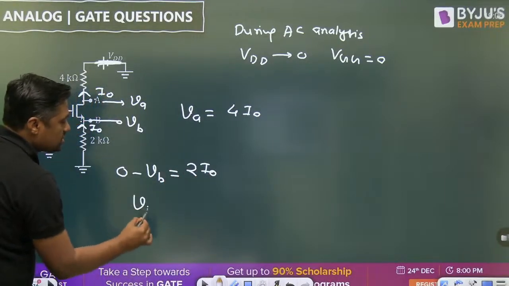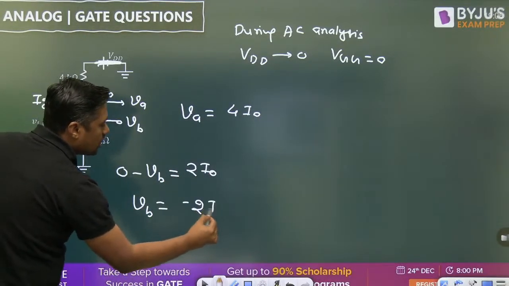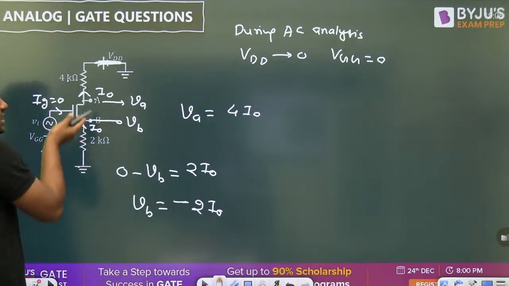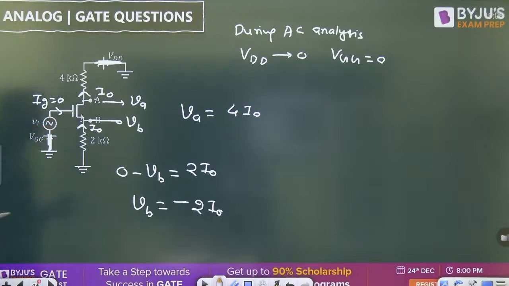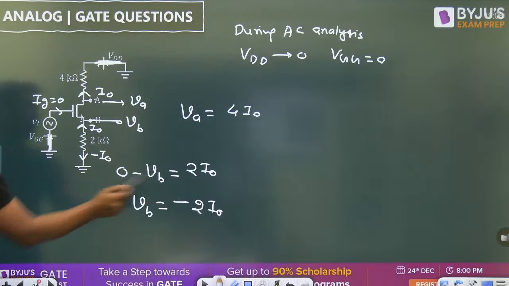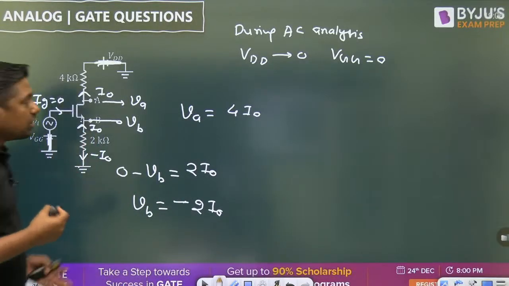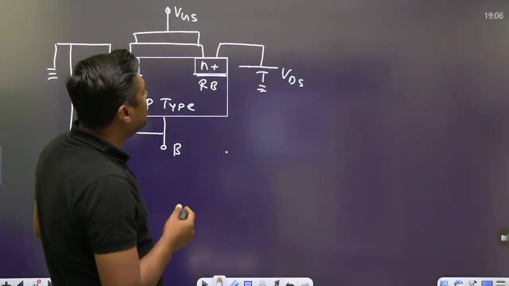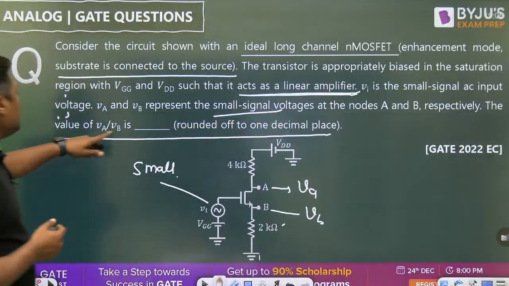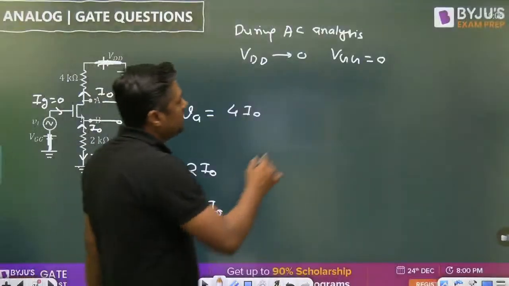So VB is equal to minus 2 I0, because current flows from higher potential to lower potential. This is the direction, and this is in the opposite direction. Or we can directly say the current is in the negative direction, minus I0, so you can write minus 2 I0. So what is the ratio between VA and VB? What is asked in the question? VA by VB is 4 I0 by minus 2 I0, which is minus 2. Very simple.